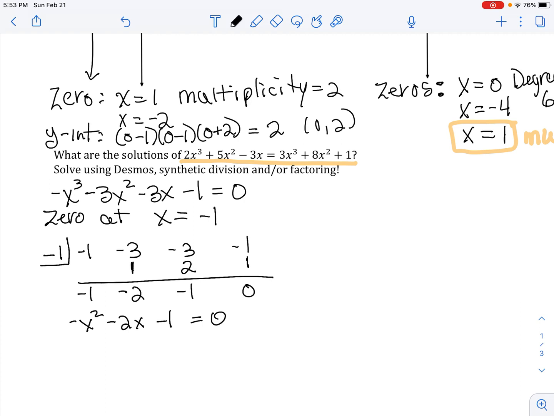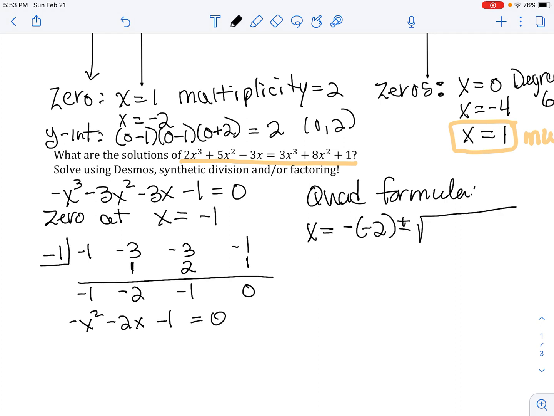So I'm going to go straight to the quad formula. All right, so x equals the opposite of b plus or minus the square root of b squared, so that's 4, minus 4 times -1 times -1, all over 2 times -1.